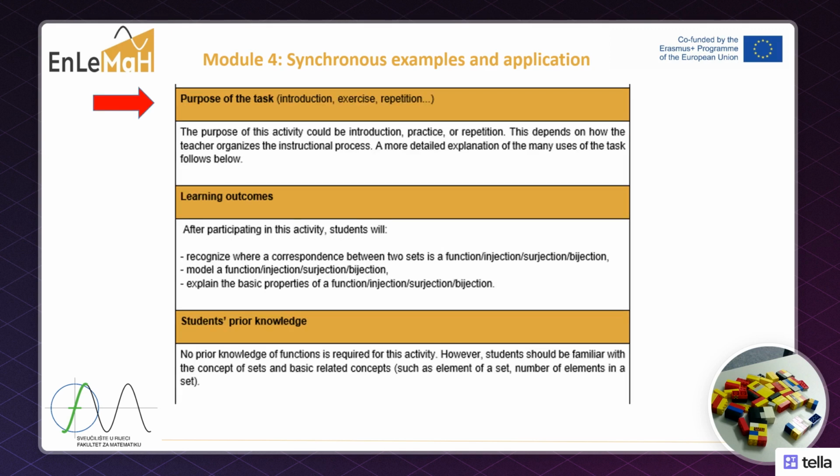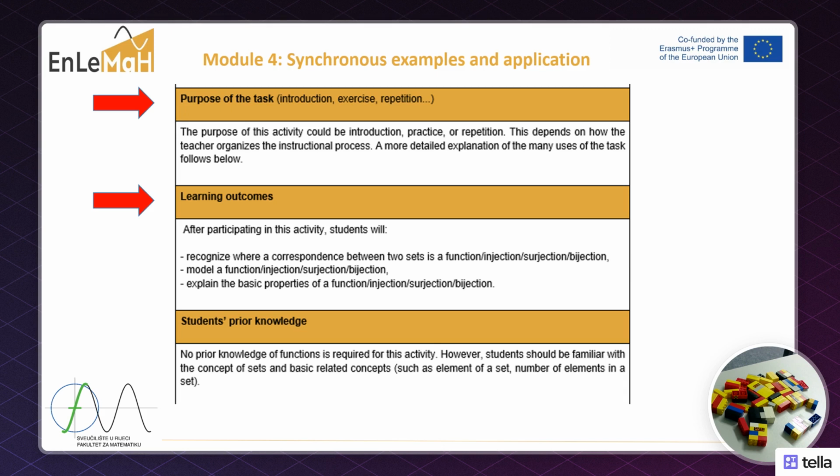The purpose of this activity could be introduction, practice, or repetition. This depends on how the teacher organizes the instructional process. After participating in this activity, students will recognize where a correspondence between two sets is a function, injection, surjection, bijection.